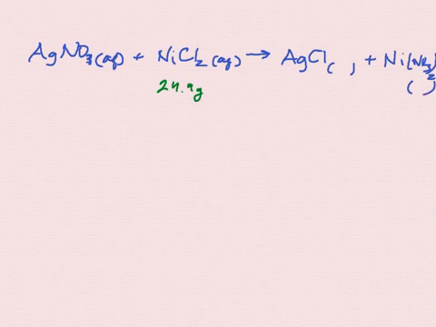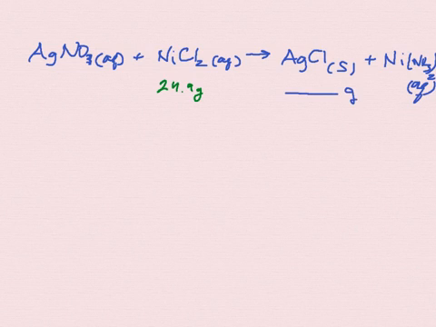And the states are really important. You should know that all nitrates are soluble. That one will be aqueous, and by default, the silver chloride will be the precipitate. If you go to your first column, the yellow table on the solubility table, it'll tell you that silver and chlorine are not soluble. That's going to be your precipitate.